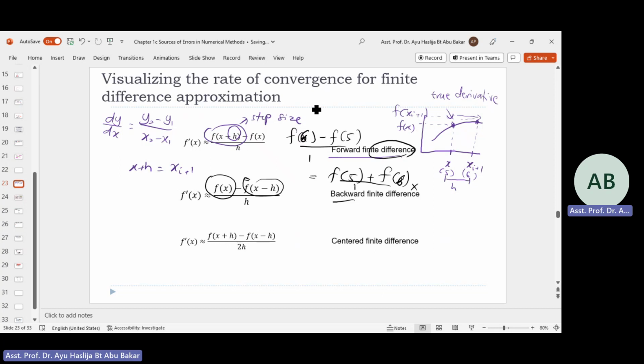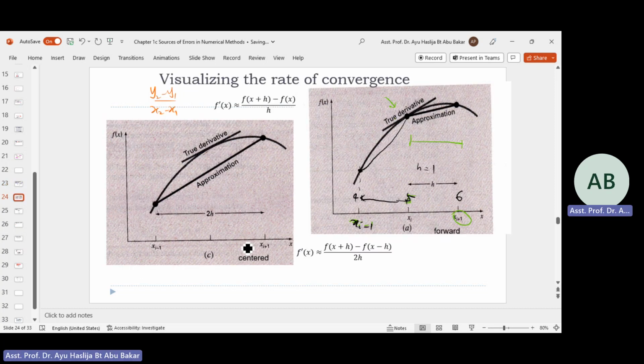Now backward: f(x) minus the point before, the previous point, divided by the step size. For centered, the forward minus backward value. From this figure, this is f(x plus h), this is f(x minus h), and this is the x just now, the f(x).